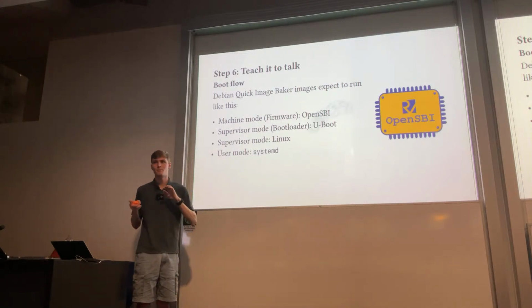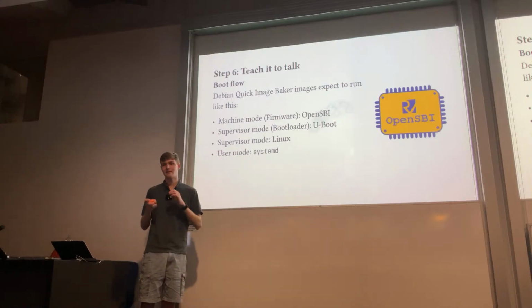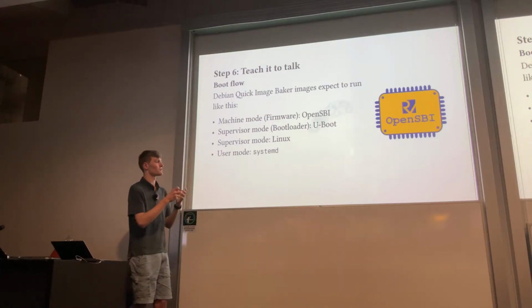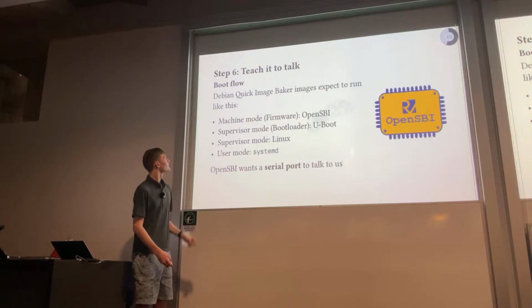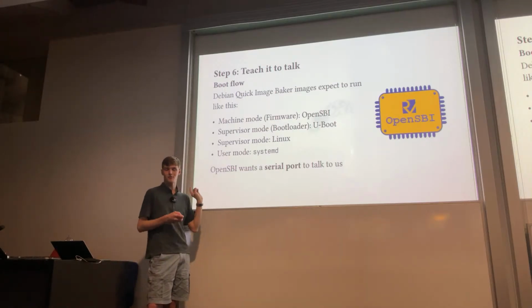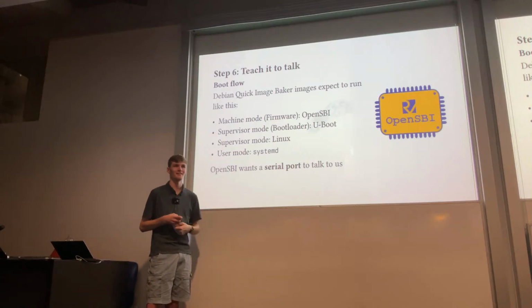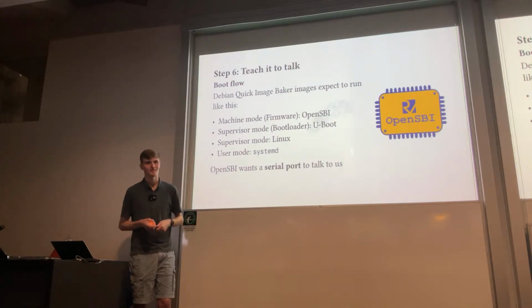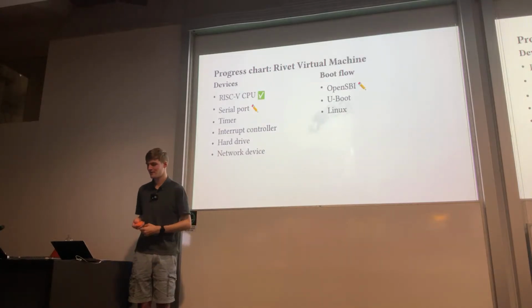This then boots into U-Boot, which is a bootloader, and that is responsible for reading the disk image and booting Linux eventually. So I guess the first thing OpenSBI wants is a serial port to say hello to us and say that it is running. So that's the first thing we'll implement, serial port.